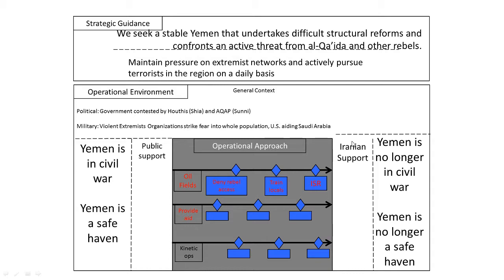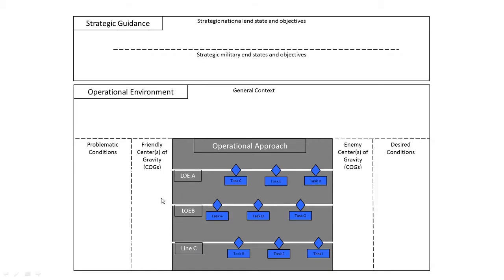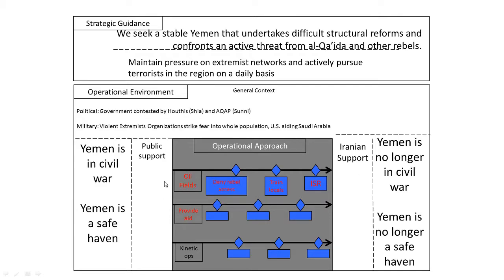Now, moving on to the next thing, we have our centers of gravity. I'm sure teachers will get into more details, but the center of gravity is what makes your organization tick. What is that one thing that if you lose it, or if your enemy loses it, then their entire operation is going to fall completely apart and they will be unable to effectively wage war?